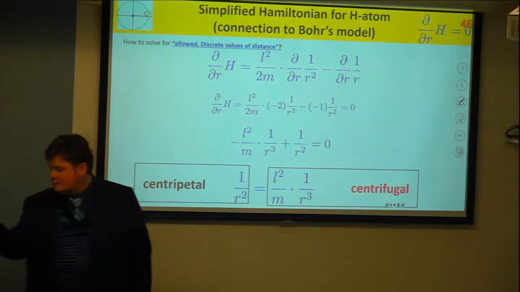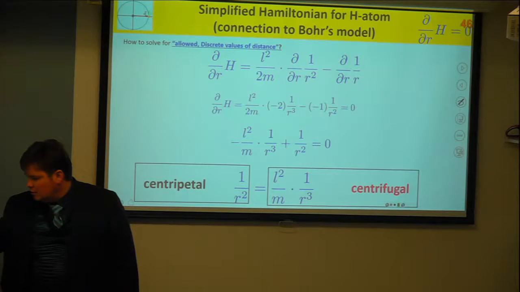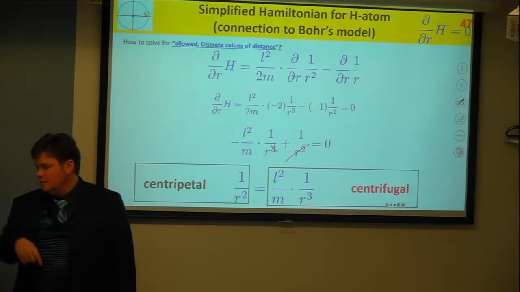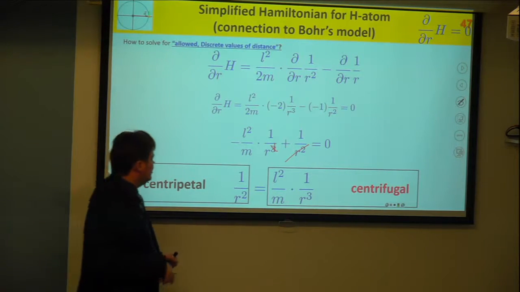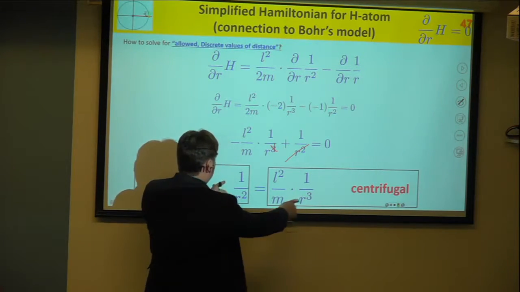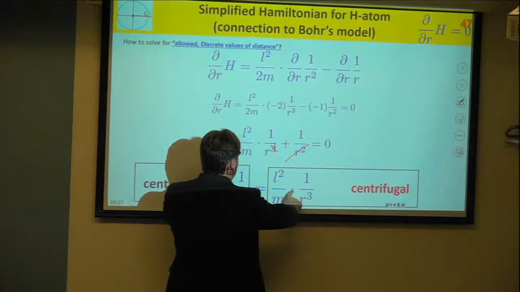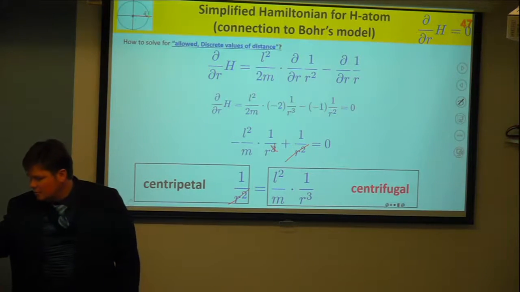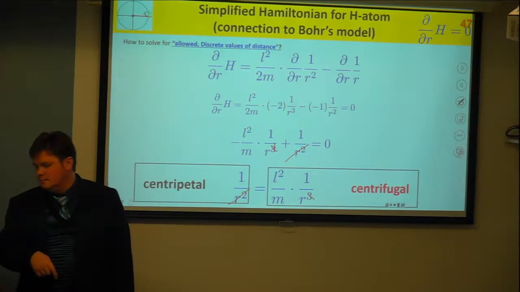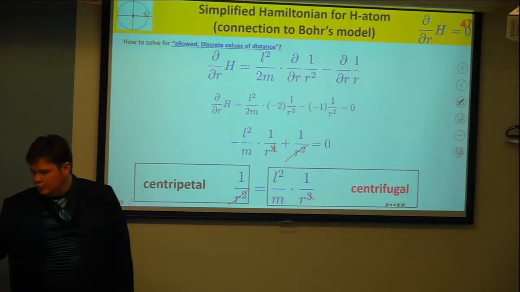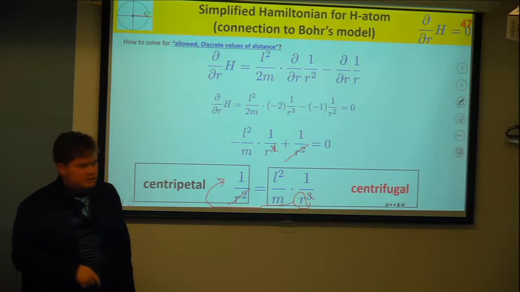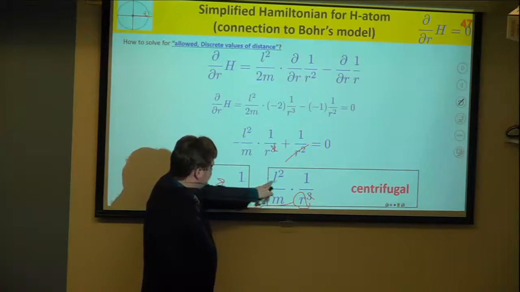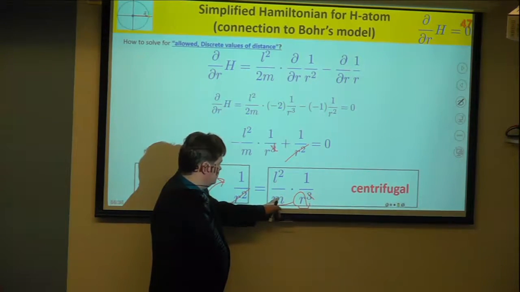So we can cancel r squared, and then you leave only r here. And we can put them on the different sides of equal sign. And then we can put r here. So the radius will be angular momentum square over mass.